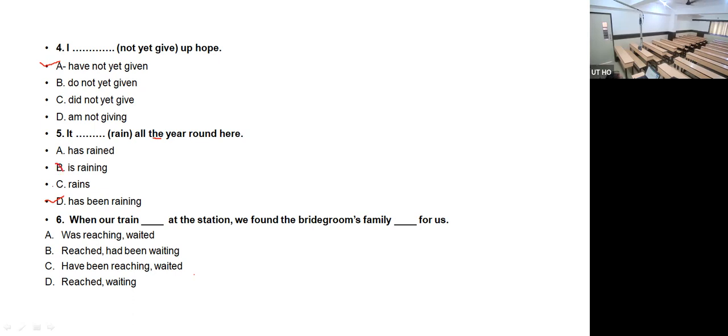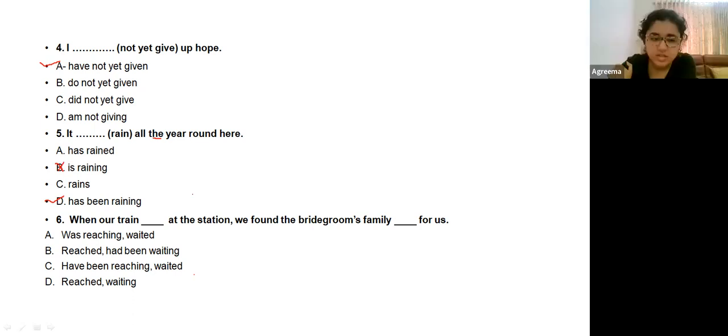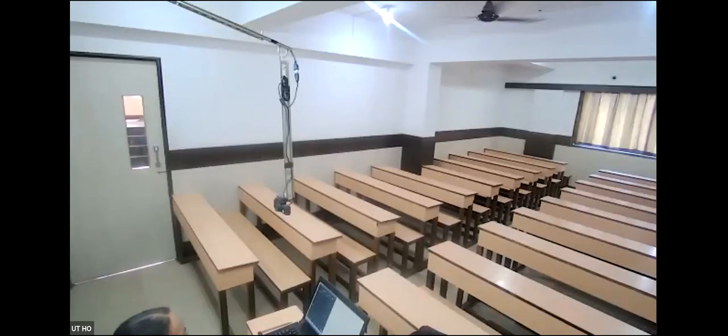When you say "it rains all year round here," it always happens, many years or something, so you are taking it as a stated fact.